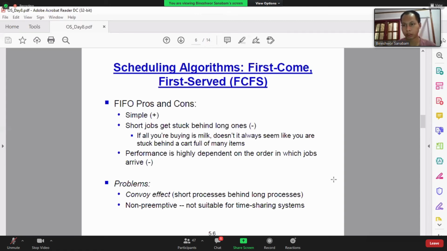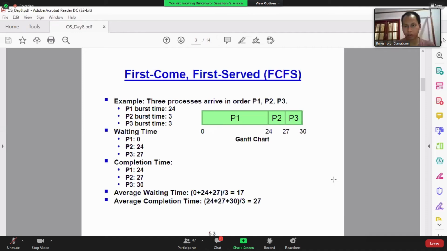Jobs refers to processes. Okay, so if you look at the first case, you know that your second process P2 requires just 3 units of time, but it has to wait for 24 units of time. Okay, this is a problem. It has to wait for a long time, a long waiting time. So this is a problem for first come first serve.